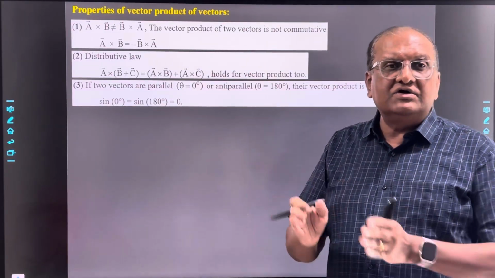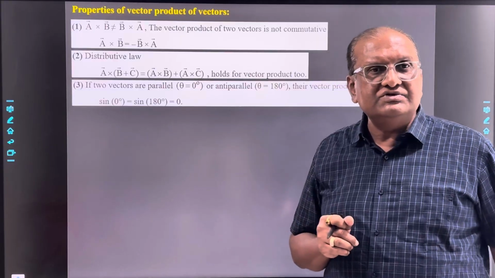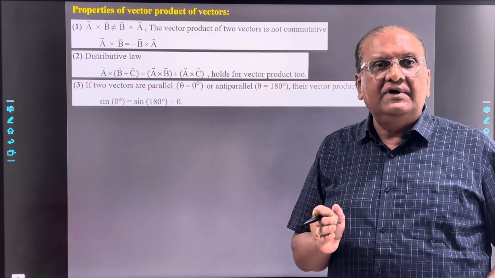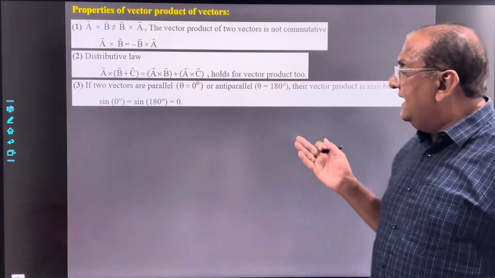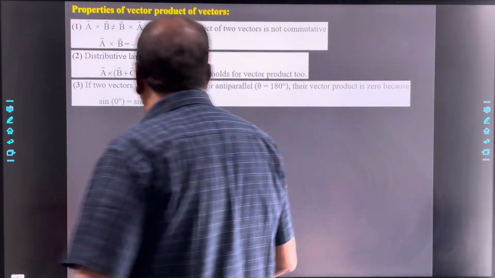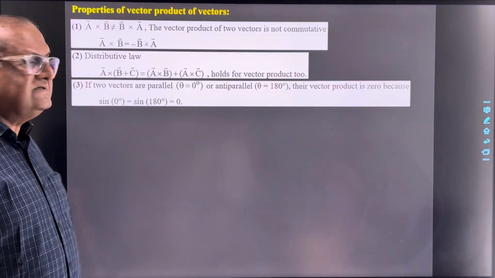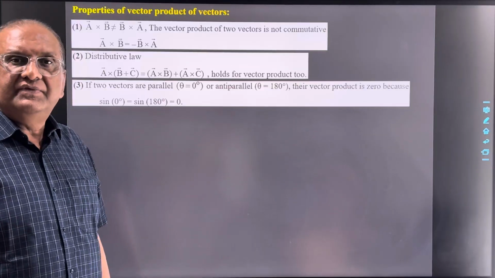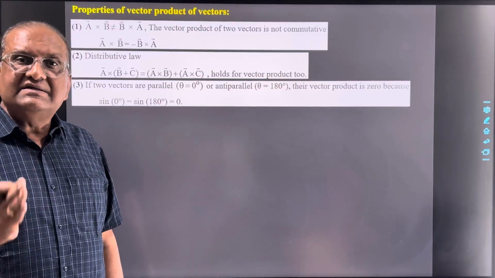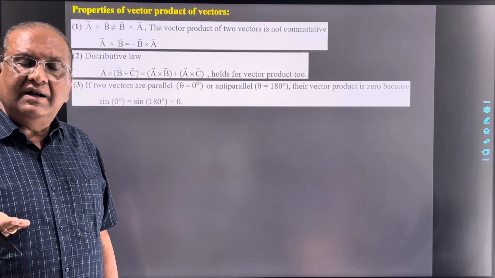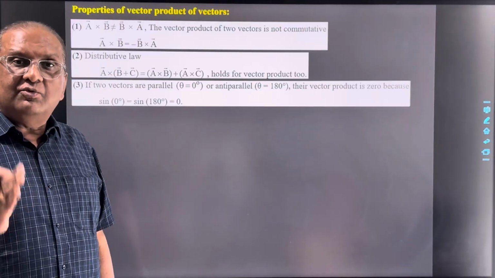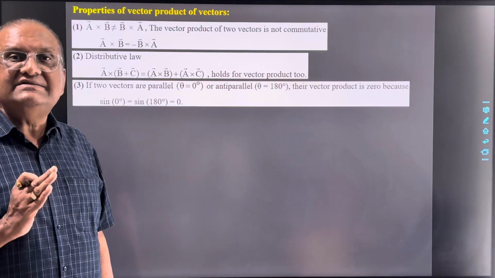So A cross B will be equal to 0. And if two vectors are anti-parallel, then in that case also sine theta is sine 180, and that is equal to 0. So if two vectors are parallel or anti-parallel, their cross product will always be 0.